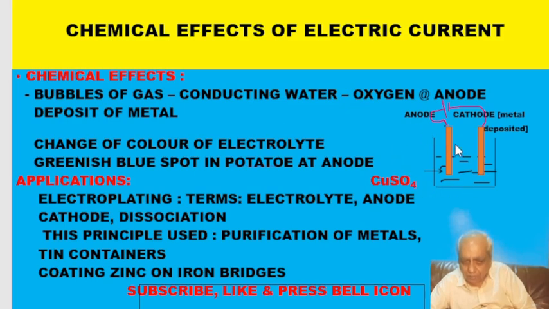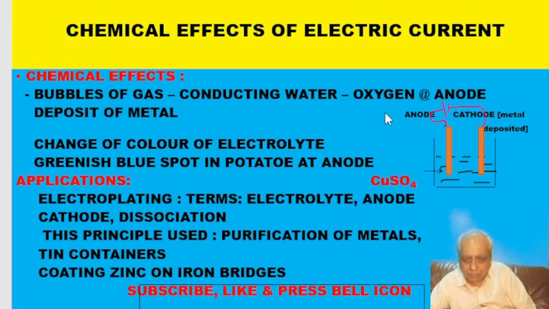Similarly, in case we have some other electrolyte, we will sometimes see that when we pass electric current, due to chemical changes, the electrolyte will change and its color will change.